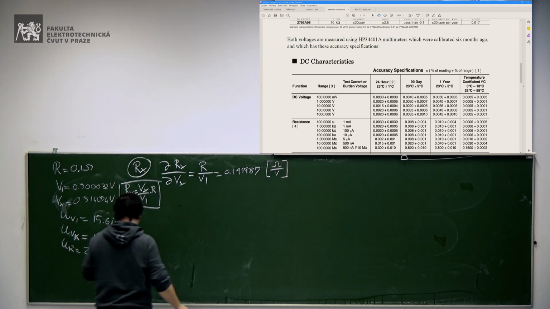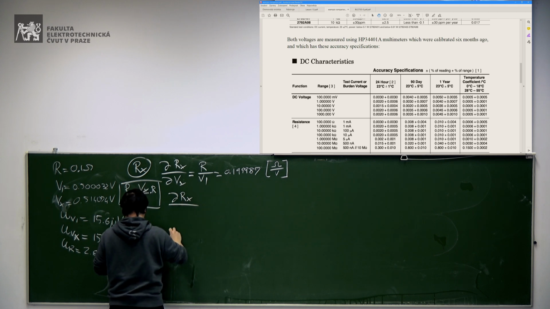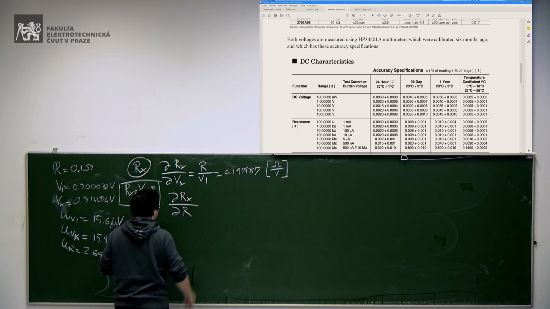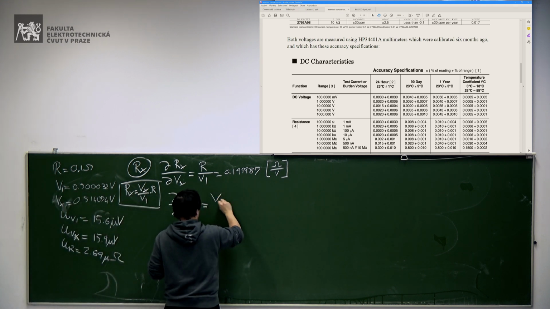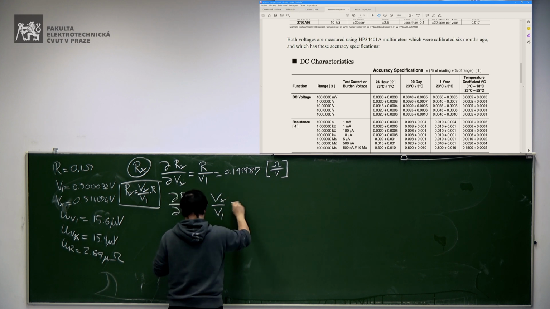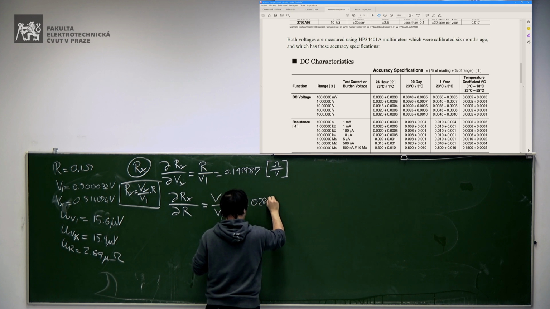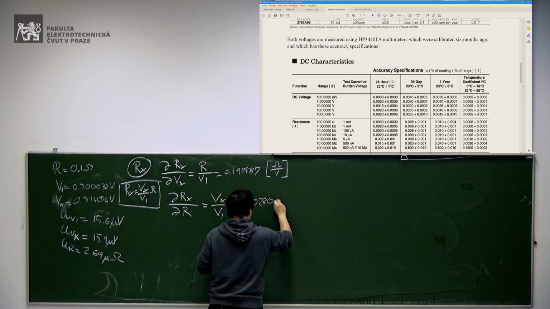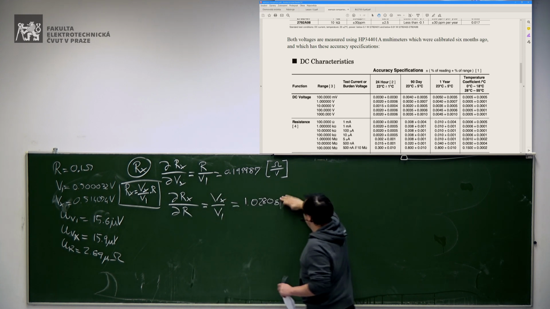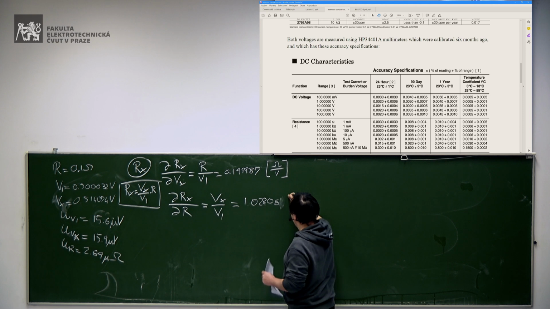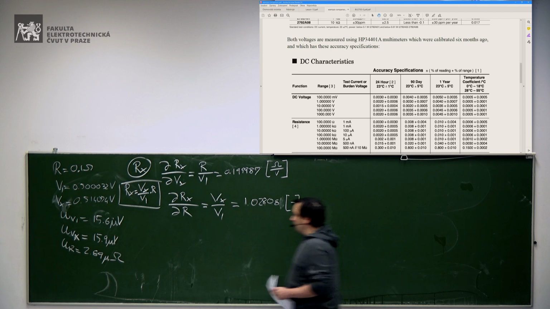Then you calculate the derivative of Rx with respect to the resistive standard R, which is Vx divided by V1, and it's about 1.02882. Maybe you could forget the last digits, because you already have 6 digits here.